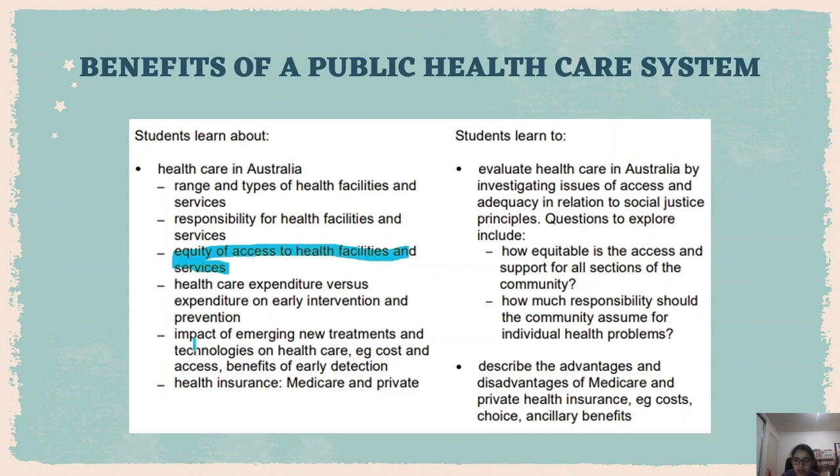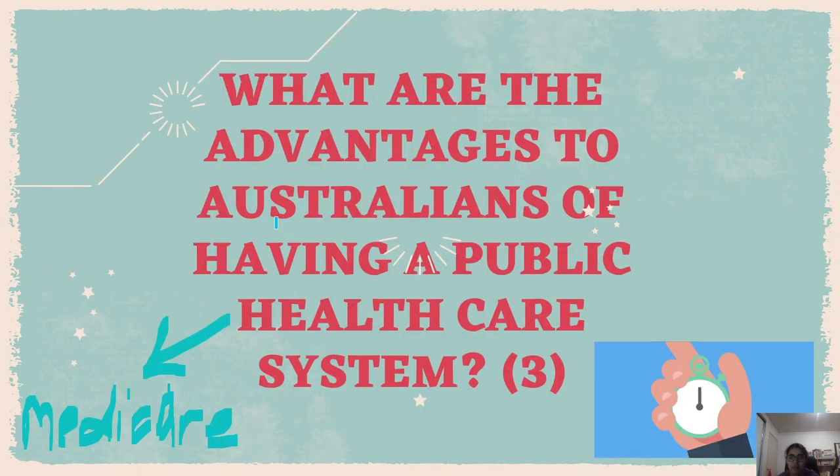And also the benefits is part of it. So it's not here, but it's part of what are the advantages. Alrighty, so what are the advantages of having a public healthcare system?